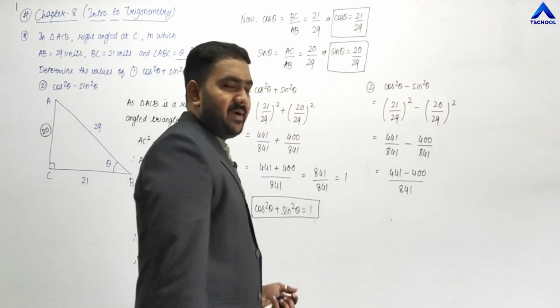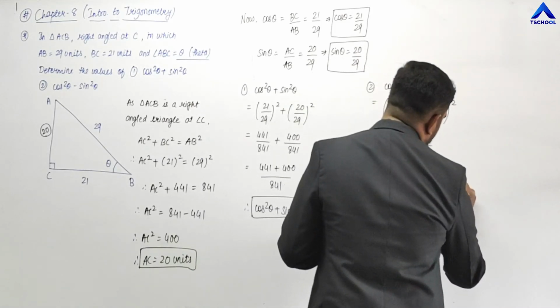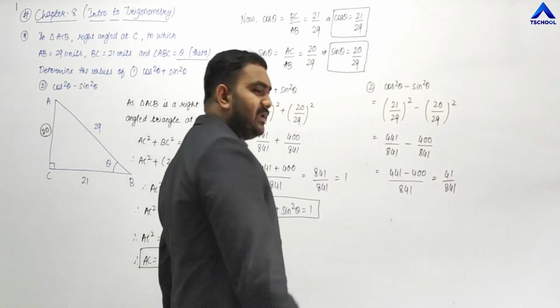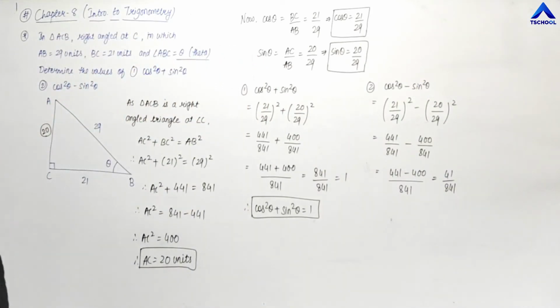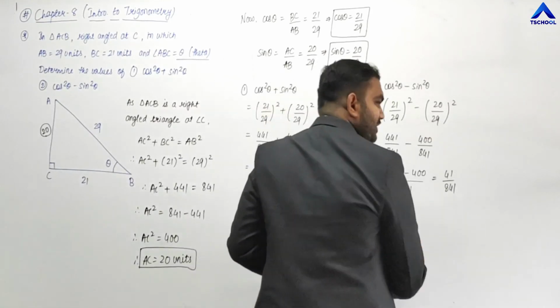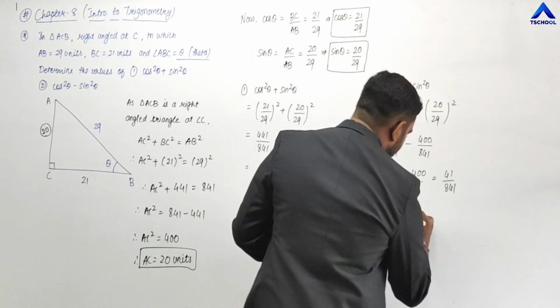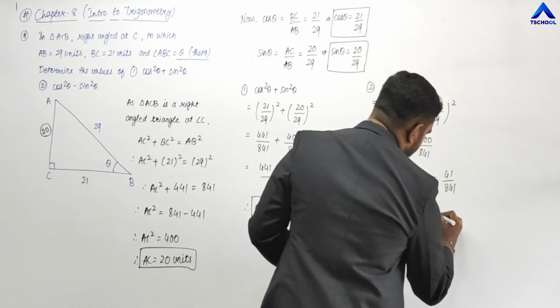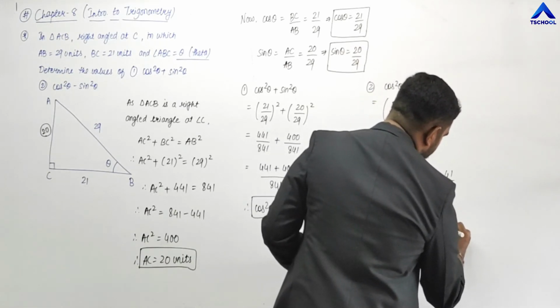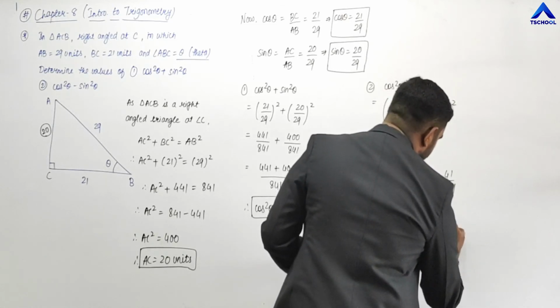So 441 minus 400, that is simply 41 upon 841. You cannot cancel out 41 and 41 and write down 1 upon 8. Don't make that kind of nonsense, friends. Right? So that is the answer. Hence, cos square theta minus sin square theta is equals to 41 upon 841.